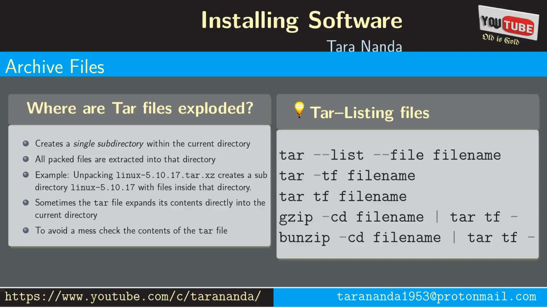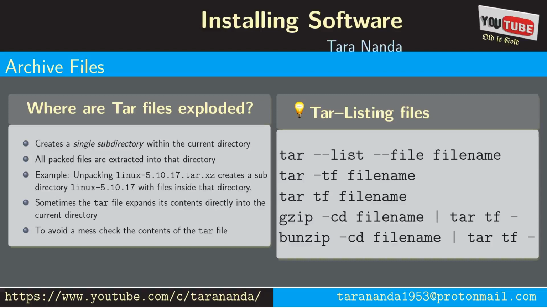Sometimes if the packager of the tarball has not followed proper protocols, the tar file will expand its contents directly into the current directory, and that may cause a mess. In order to avoid this mess, it is better to check the contents of the tar file.